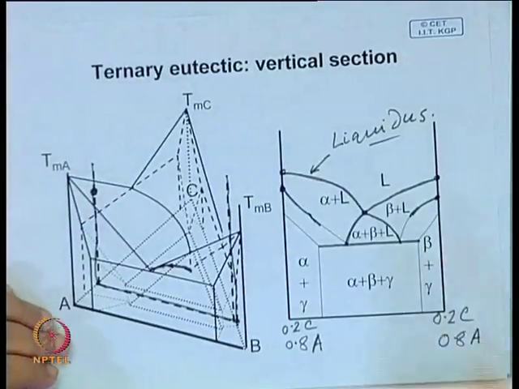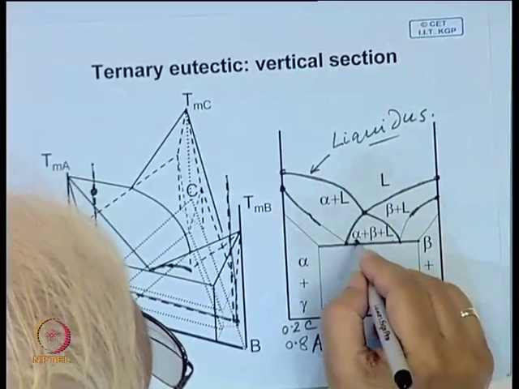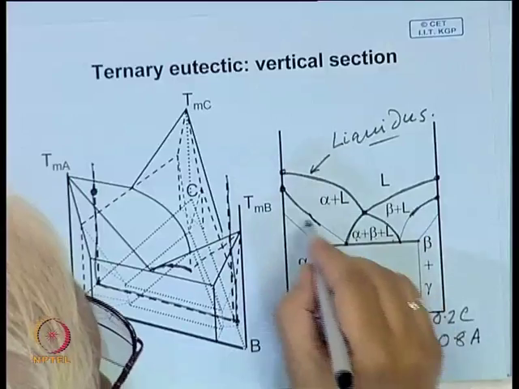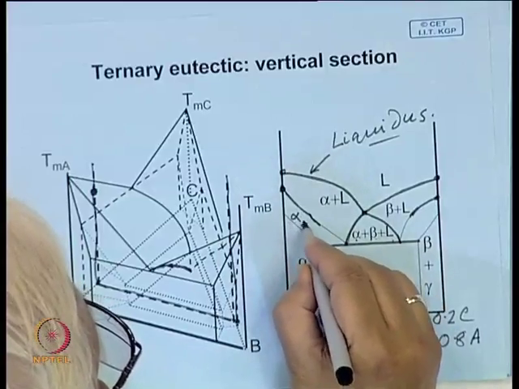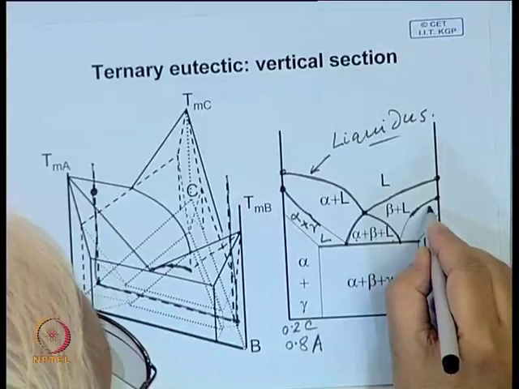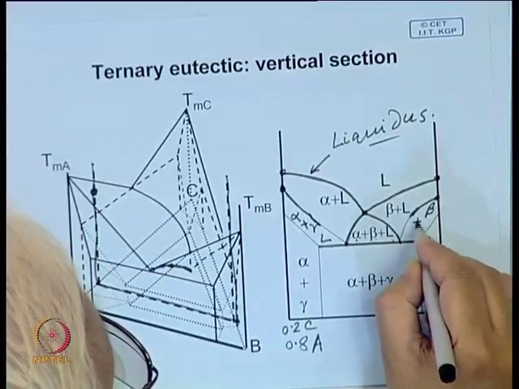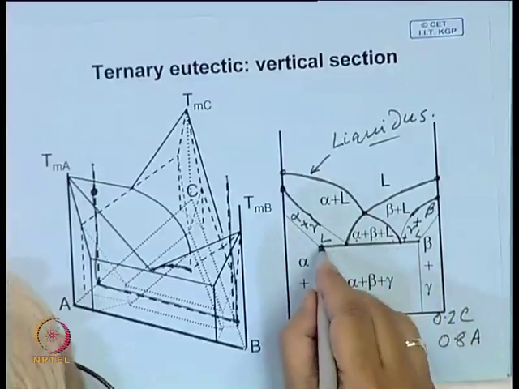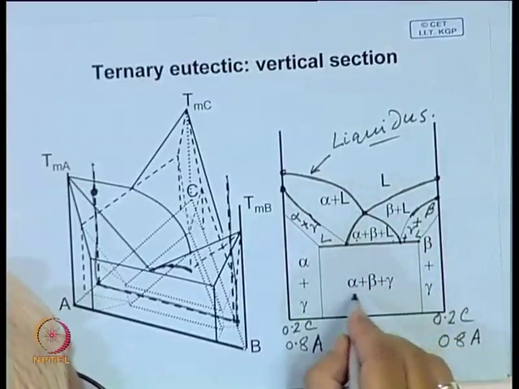So, that vertical section will look something like this, which is what is drawn here: alpha plus beta plus liquid, and this side will be alpha plus gamma plus liquid, this side will be beta plus gamma plus liquid, and this is the eutectic reaction isotherm.